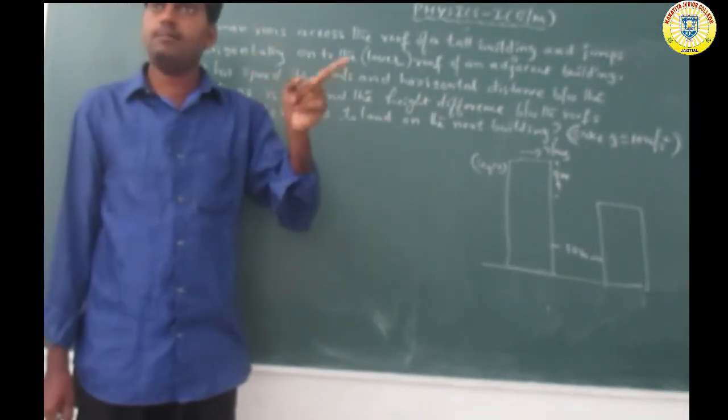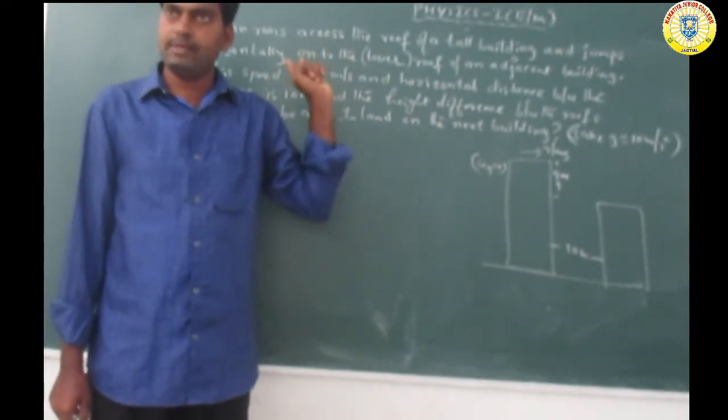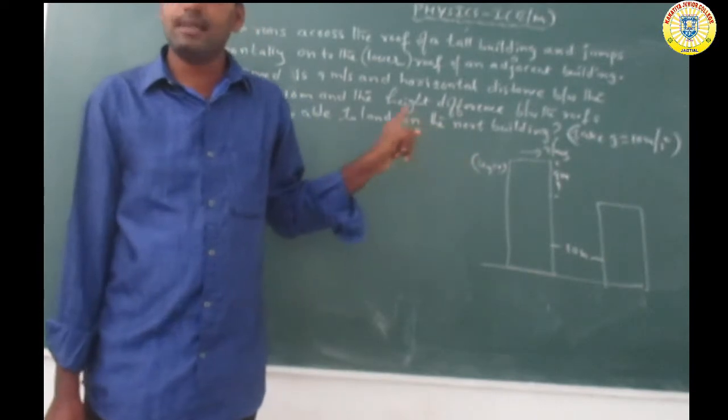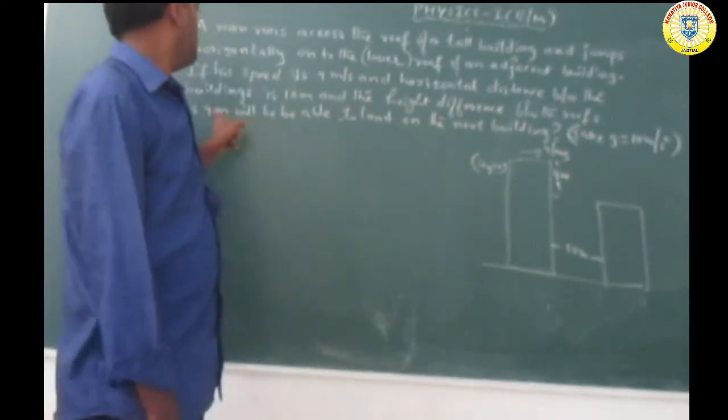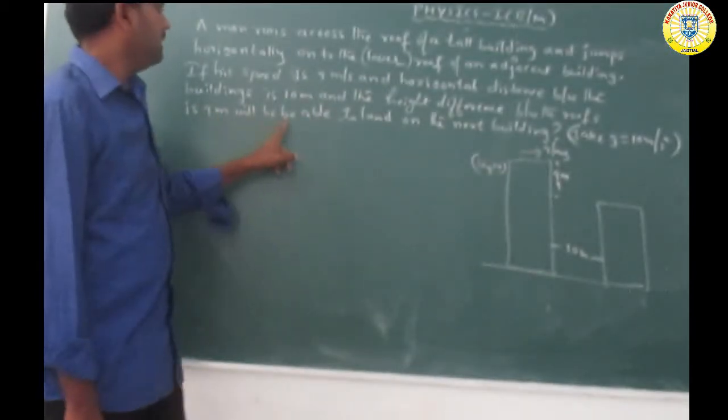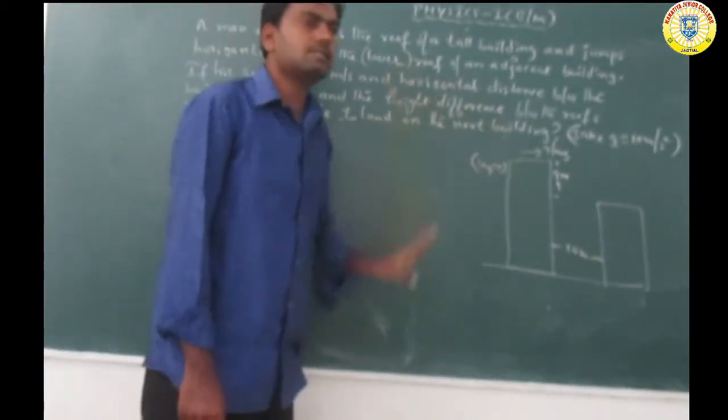So the velocity of the man is 9 meters per second. The horizontal distance between the two buildings is 10 meters. Here the height difference is 9 meters. Will he be able to land on the next building?